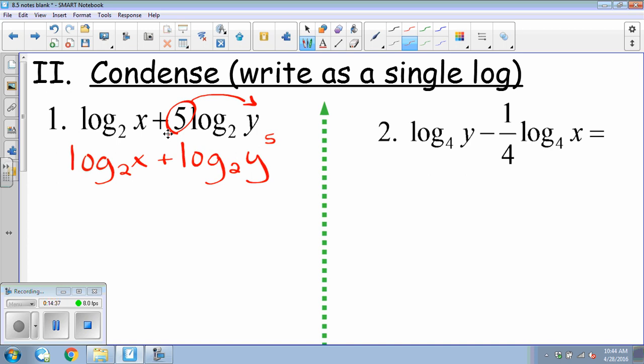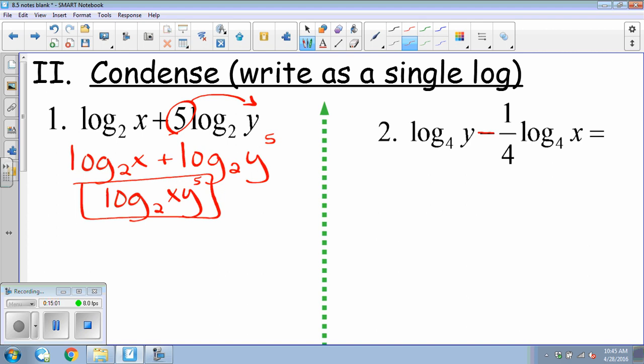Addition condenses to what? Multiplication. The two things we're going to multiply are x times y to the 5th. So that's log base 2 of x y to the 5th. That's condensed to 1 log.